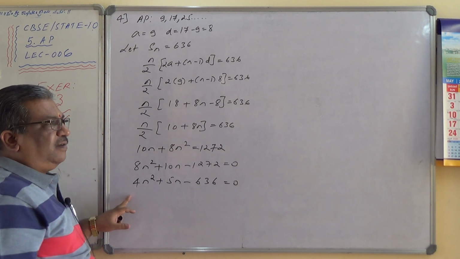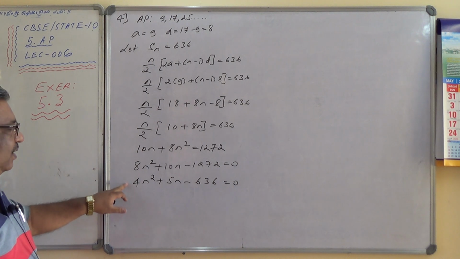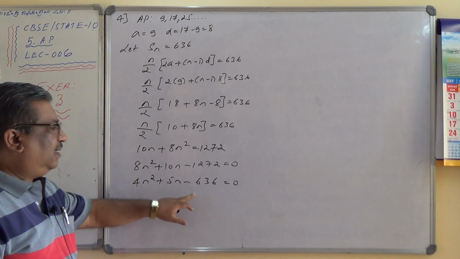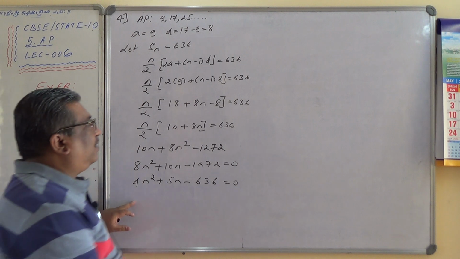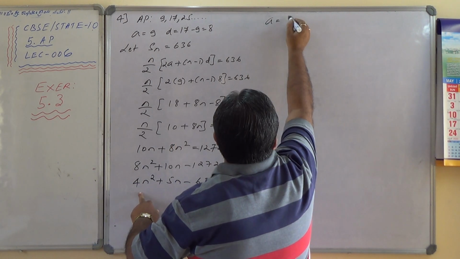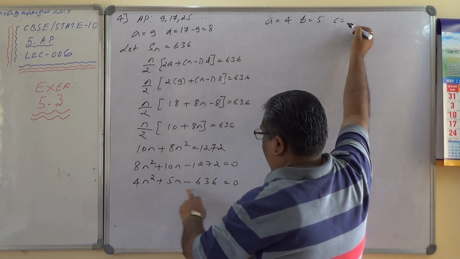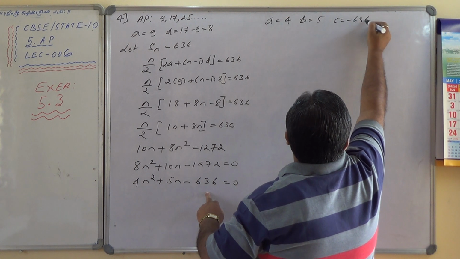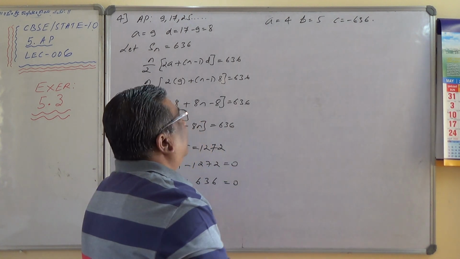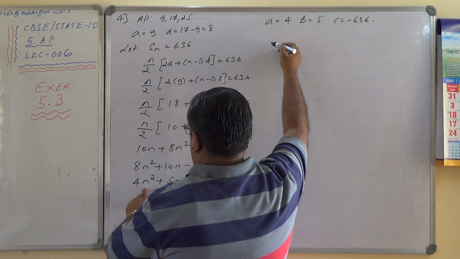Either you can factorize it or you can use the quadratic formula to solve it. I'll try factorization first, or directly I'll take the quadratic formula. Let me check here. a equals 4, b equals 5, c equals minus 636.